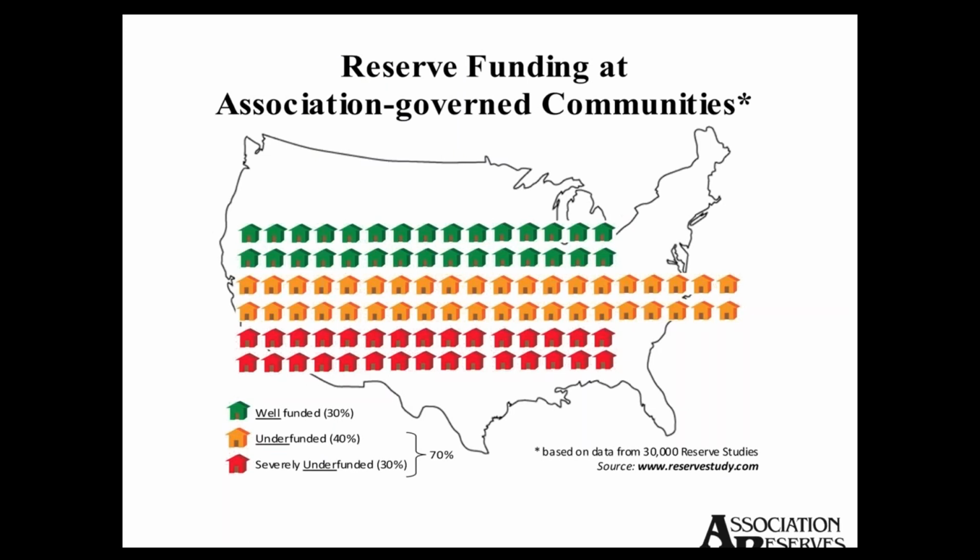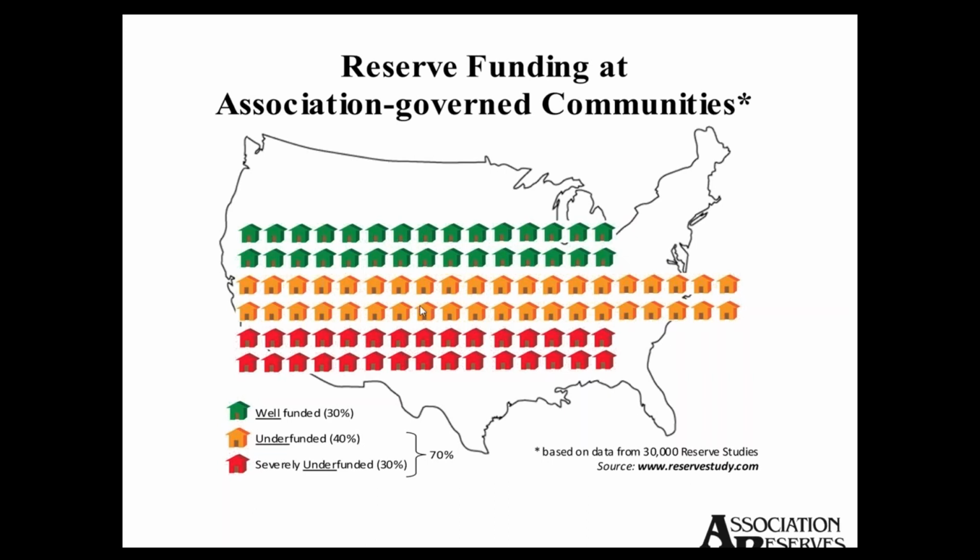And what we've learned over doing literally thousands of reserve studies across the country is this. If you're wondering where do we fit in comparison to others, about 30% of all associations are in that strong green range. About 30% of associations are at or above 70% funded, and that's fantastic.